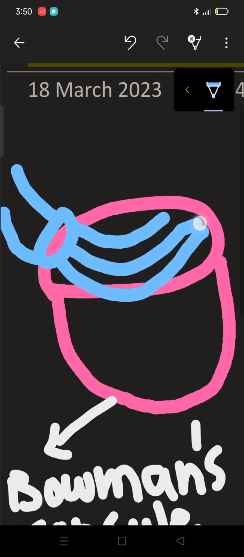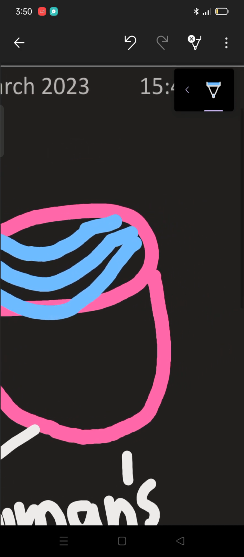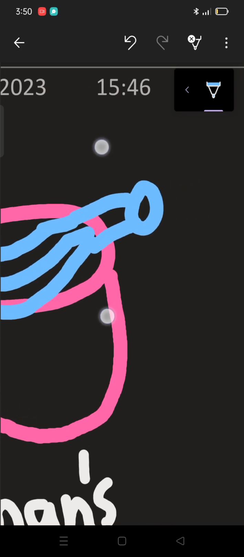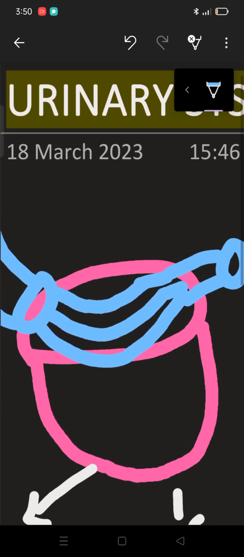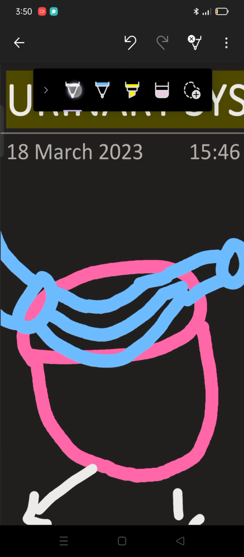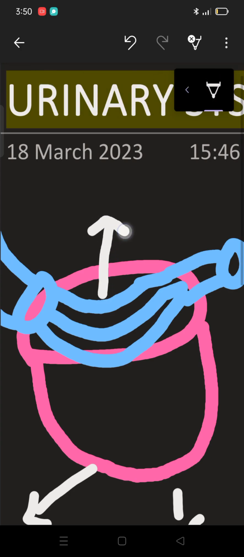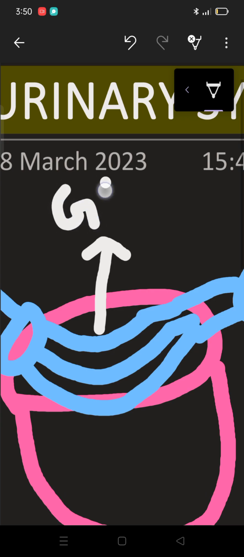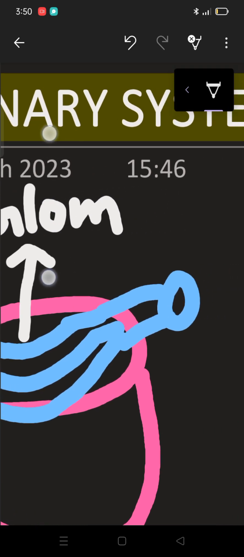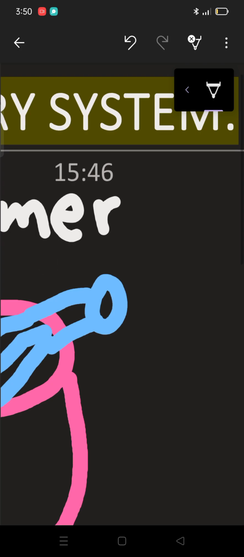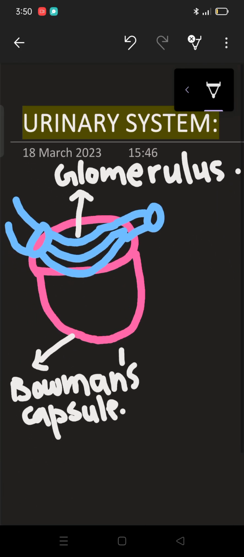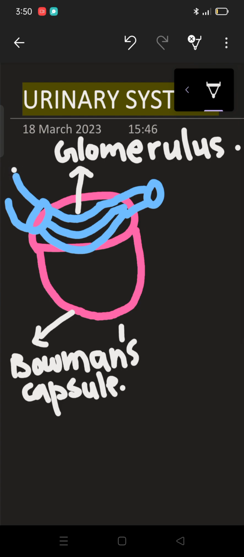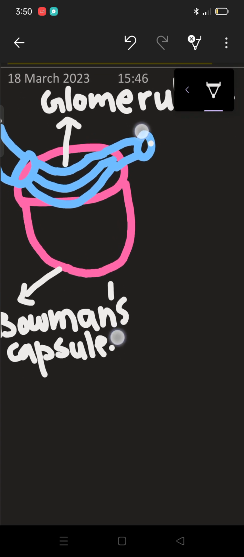These are capillaries, and then it will get out from the efferent arteriole. So this is the glomerulus. Let me write it here: glomerulus. And this is the afferent arteriole and this is the efferent arteriole.